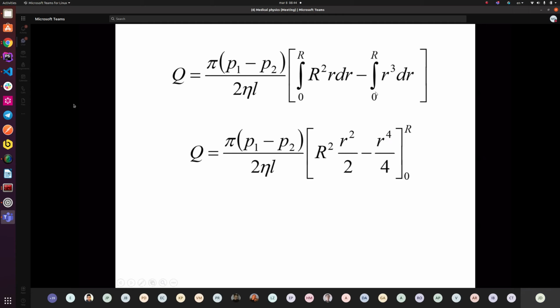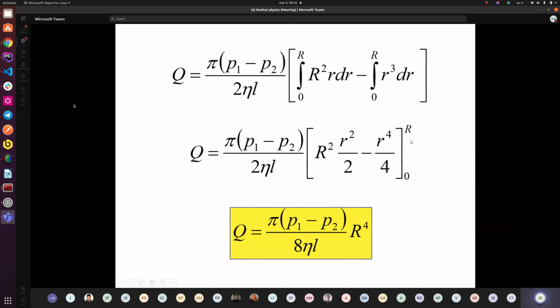I believe you know that here we have to write r to the fourth divided by 4 and use the limits of integration from 0 to R. So finally we have this result: the flow depends on the pressure difference, R, the radius of the pipe, to the fourth power, divided by 8 times the viscosity coefficient and the length of the pipe. Is this formula clear to you?